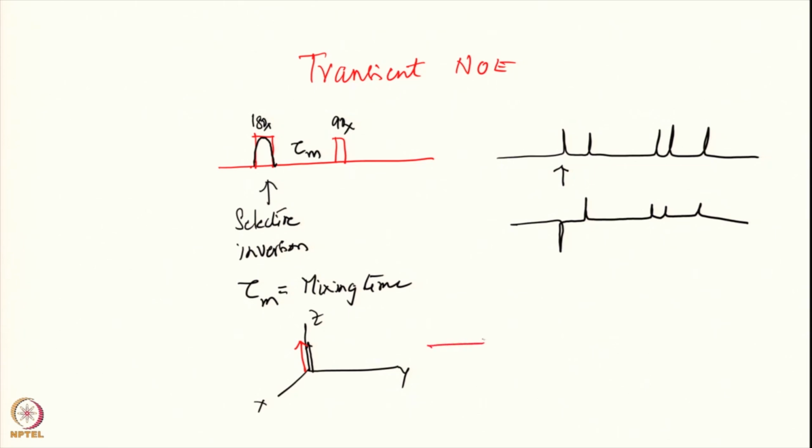So during the period when I apply the selective 180-degree pulse, I am inverting this magnetization on the black line, which means the magnetization which was here is now like this. When you measure it, of course I will see it as a negative signal. Now this is the perturbation.